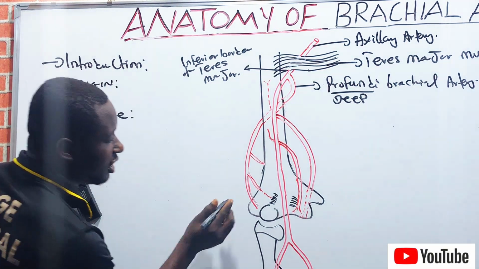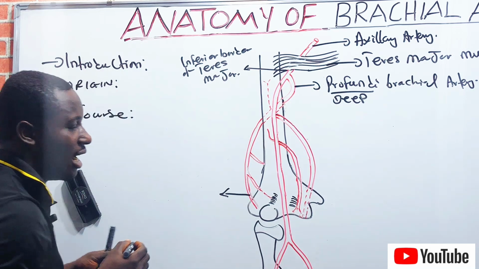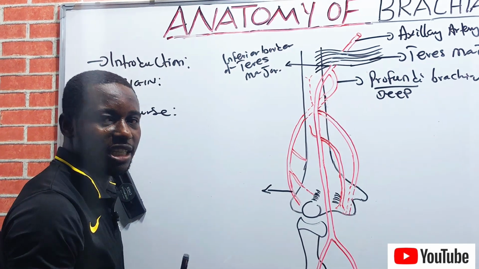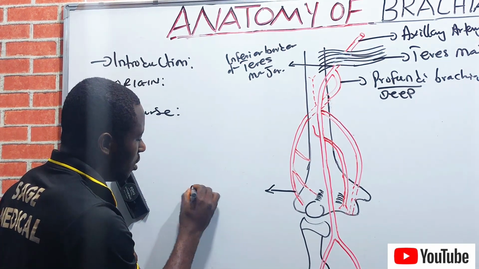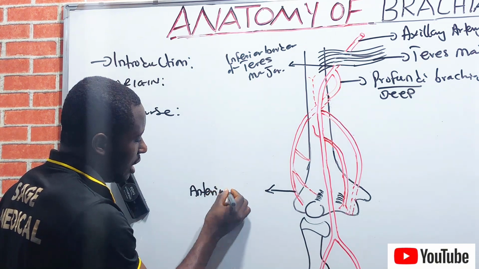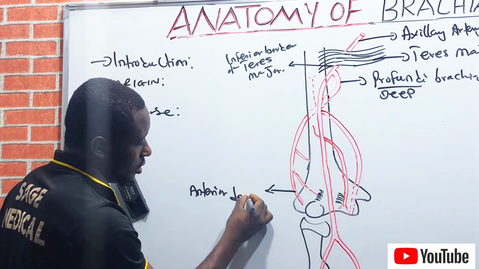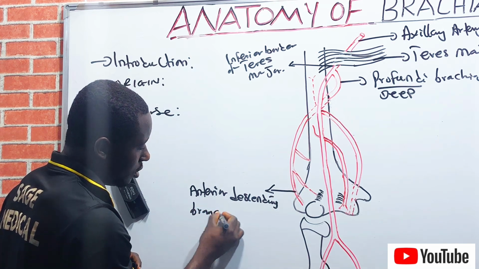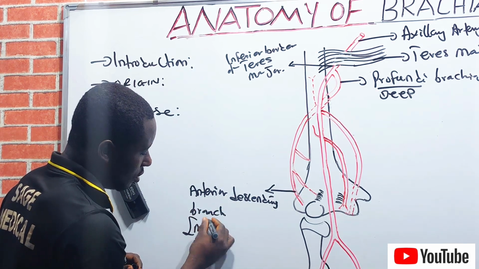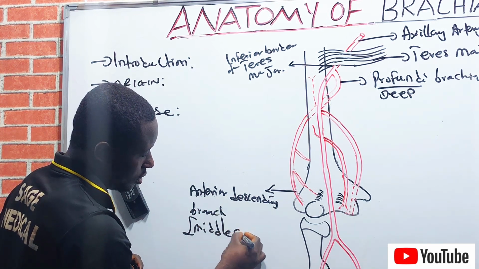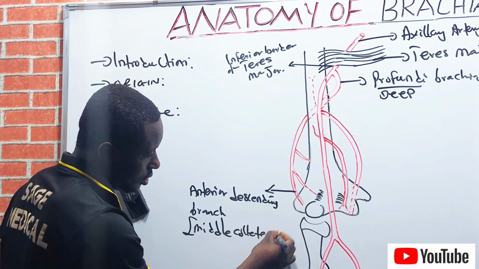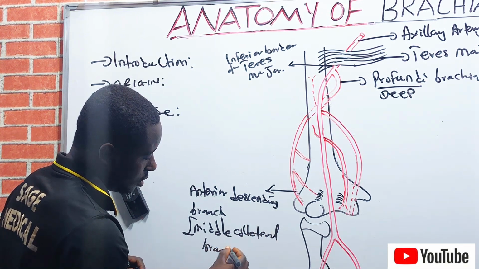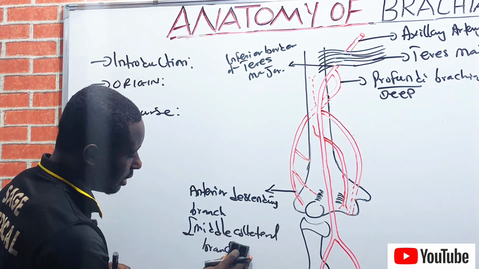Okay, this is the anterior descending branch, which is the middle collateral branch, or the middle collateral artery.